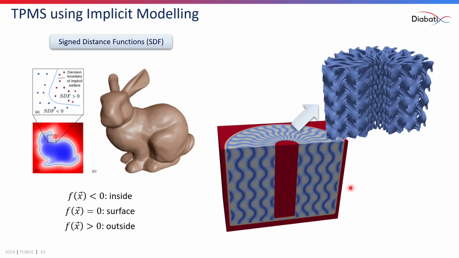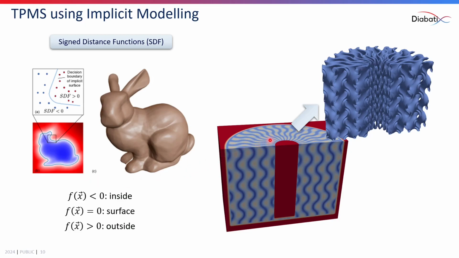Unlike traditional boundary representation systems, where the boundary is represented by geometric topology like points, lines, surfaces, and solids, in this case the boundary is represented by the signed distance function. So the boundary is basically the zero locus of this signed distance function, and whatever is inside the geometry is represented by negative distances. Whatever is outside is represented by positive distances.